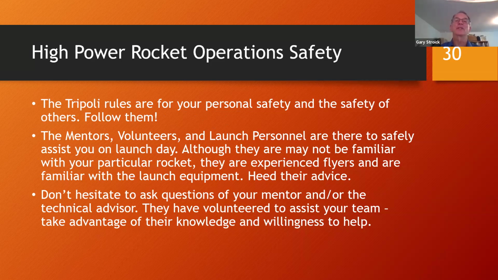So if the prefect is telling you the range is closed, you can't go beyond the flight line towards the pads. If it's open, you can. And so on. We'll be going through the major ones the day of the launch, but you can certainly look at those rules. For example, we don't want any open flames within 25 feet of anyone's motor, right?